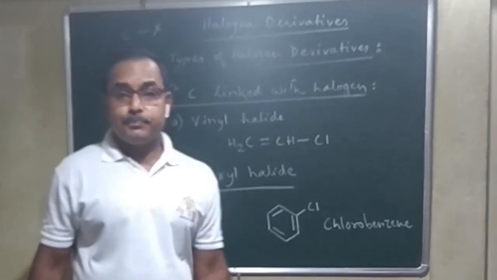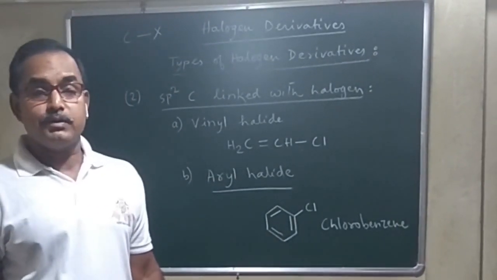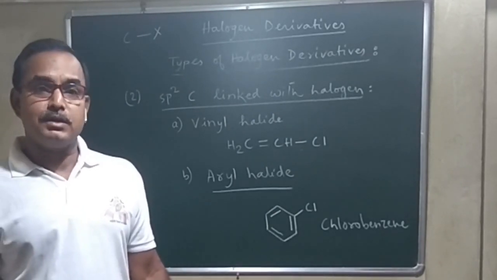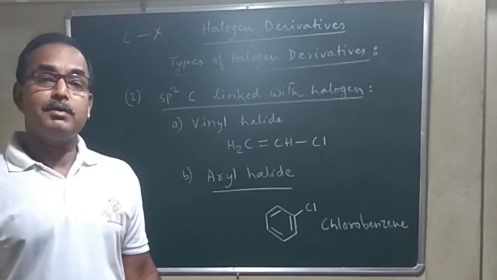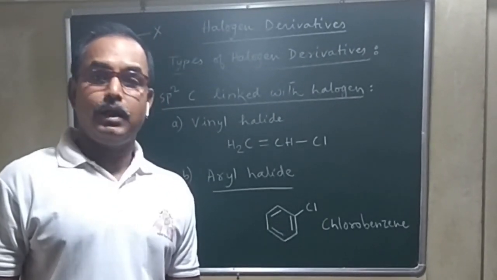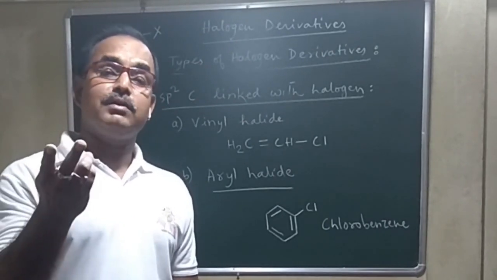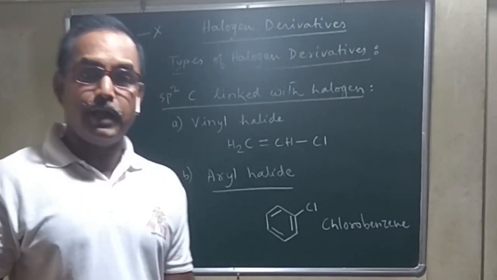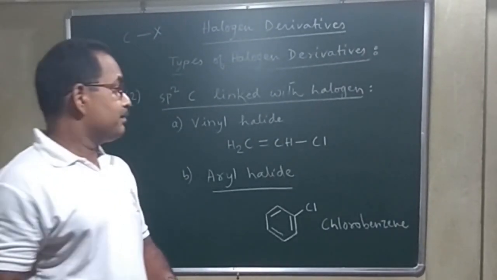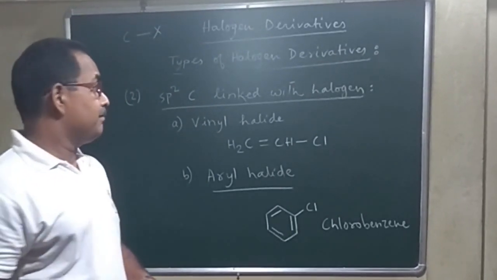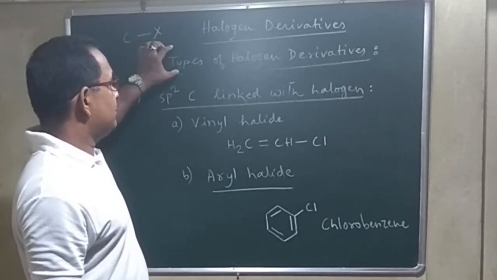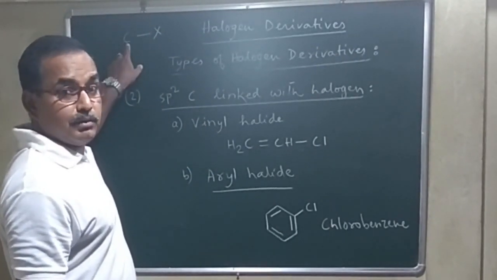So in this way, it is possible to classify the different types of alkyl halides. First type of classification is based on the number of halogens. If the number of halogen atom is 1 in a compound, it will be called monohaloalkane. If there are 2 halogens, it is called dihaloalkane. Similarly, mono, di, tri, etc. we may have that type of classification. Again, we may have systematic classification based on the nature of carbon.